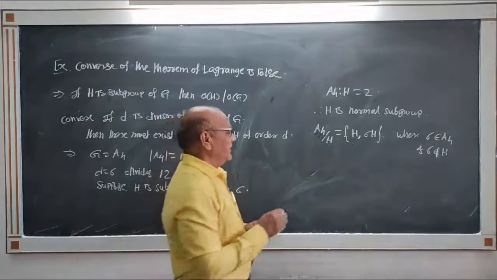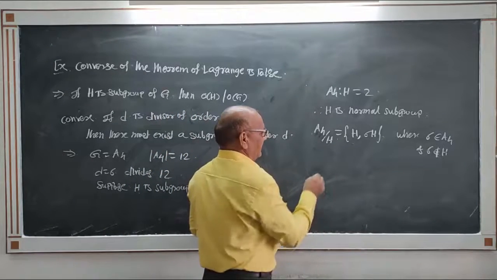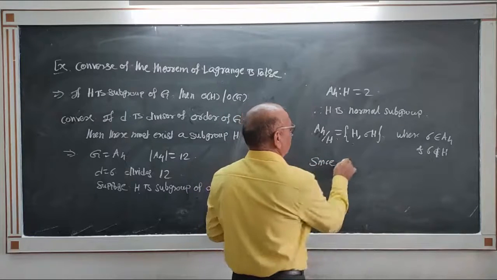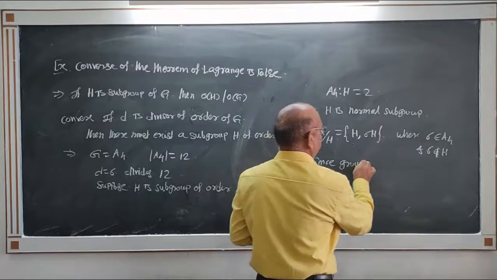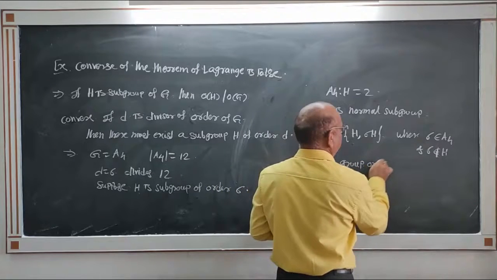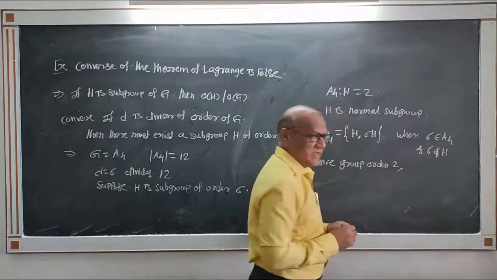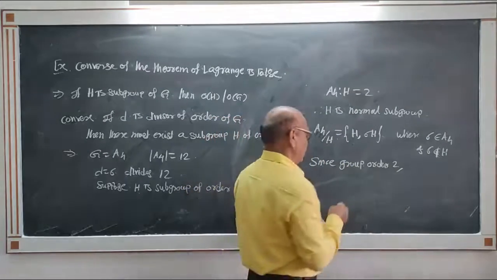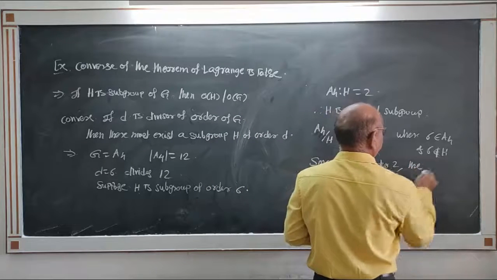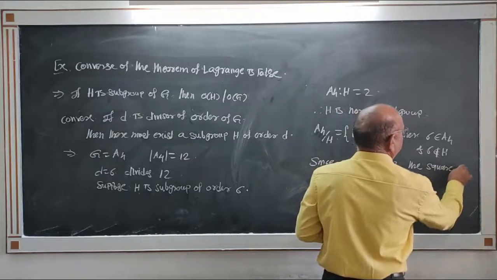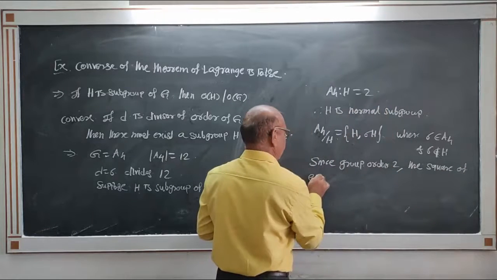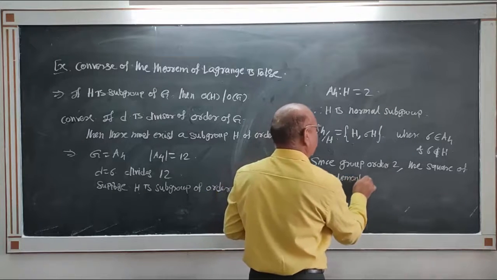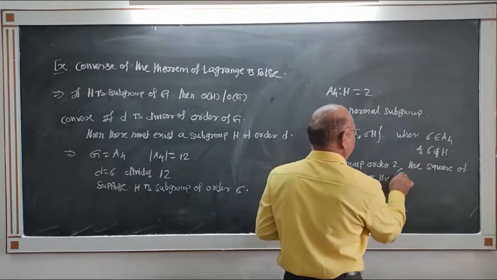Now, since it is a group of order 2, the square of each element is the identity element.